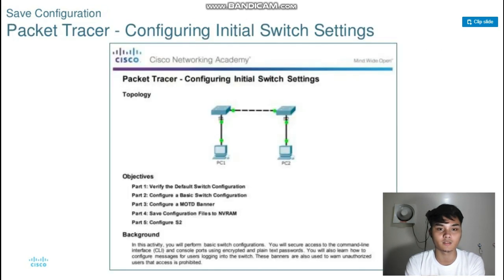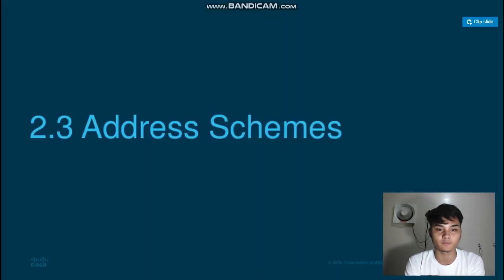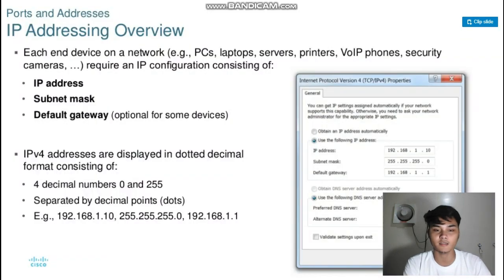Notice the address scheme. As you can see, IPv4 addresses are displayed in dotted decimal format, consisting of 4 decimal numbers between 0 and 255.